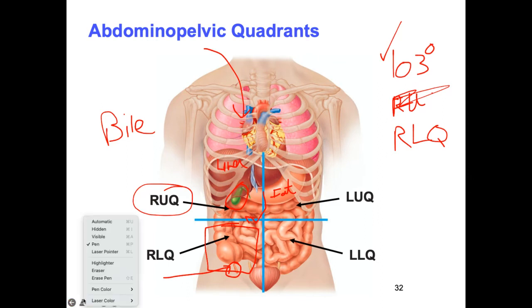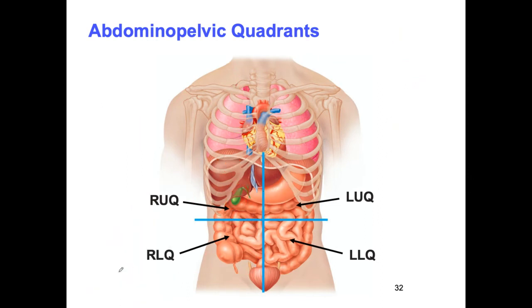But imagine you have a stone right here. You have a gallstone. And now when the gallbladder contracts and it's pushing bile in this direction, it gets blocked here. So they get a lot of pain in that right upper quadrant.